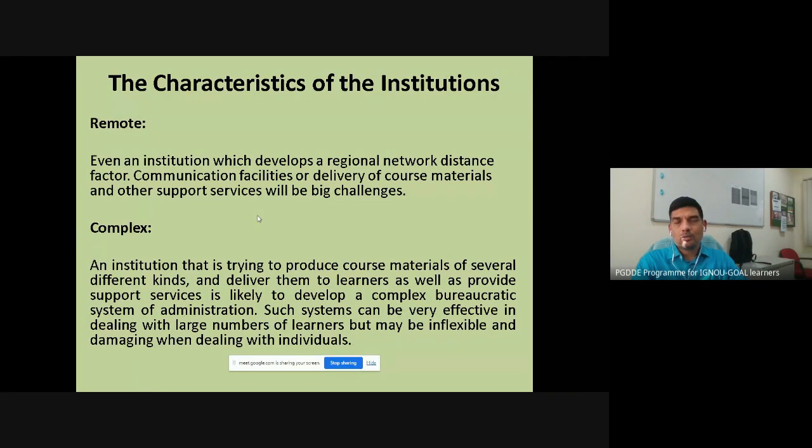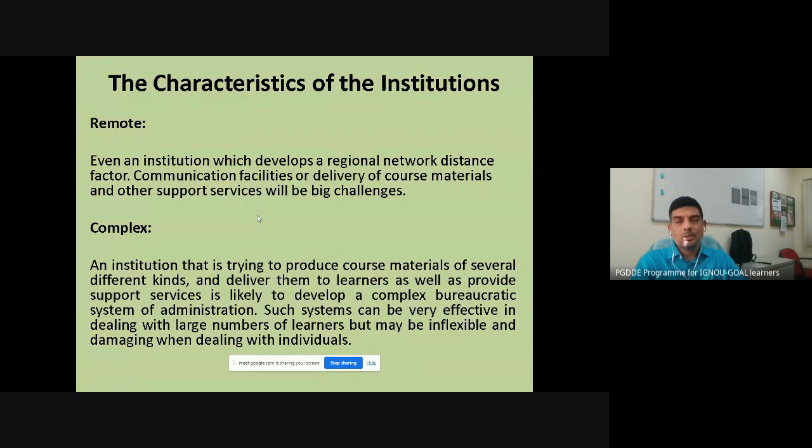And under that there may be academics, teachers, or even the administrative staff. Overall in the university there may be an assessment and evaluation wing, and a student registration and admission wing. Then there may be a data management and data processing division. See, these are the complex and bureaucratic structures, with a hierarchical arrangement as per seniority and work allocation. But these are the things which the institutions have to manage.